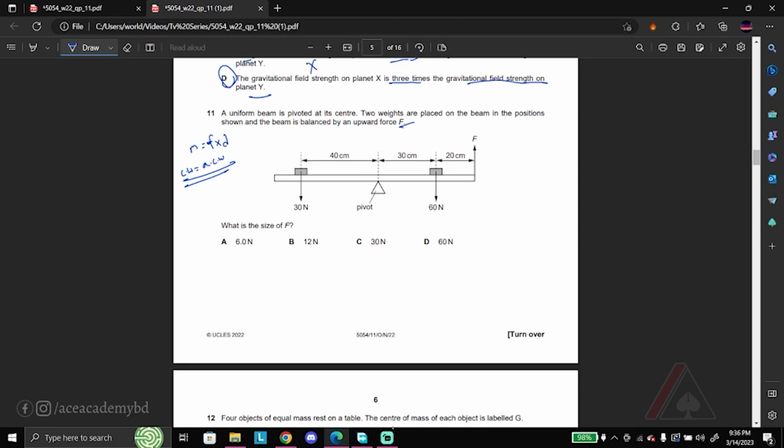So let's write these out first. Clockwise moment is equal to anti-clockwise moment. The clockwise moment, in this case, is in this direction. The only force in the clockwise direction is the 60 Newton force, and this causes a moment of 60 times 30, because it's the distance between the force and the pivot.